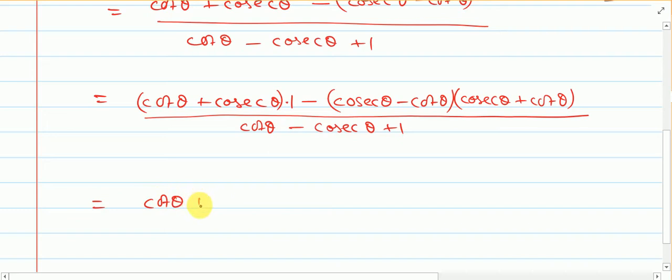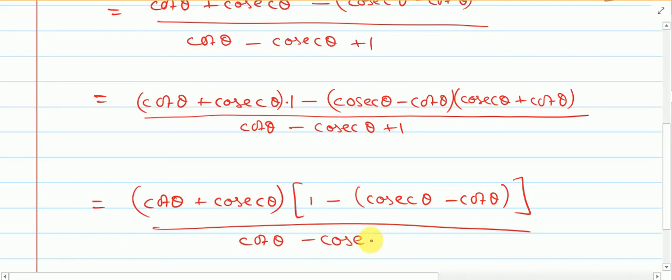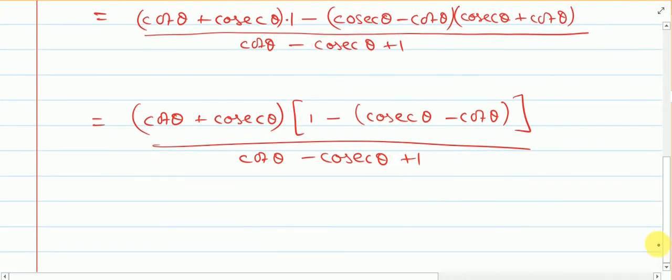So cot theta plus cosec theta, this is common. So you are left with 1 minus cosec theta minus cot theta, and down cot theta minus cosec theta plus 1, okay.